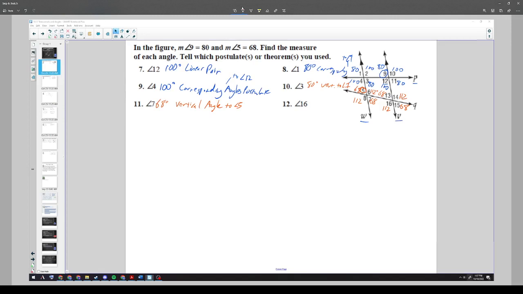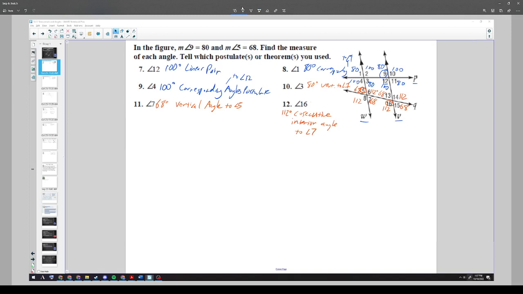And then number 16 is down here. So now that we knew, what did we just find? 7. So 7 and 16 are supplementary, so we know that this is 112 degrees by the consecutive interior angle theorem. Consecutive interior angle to number 7.